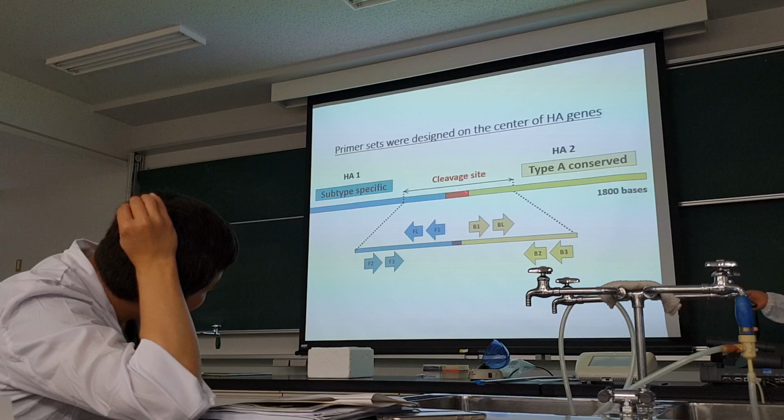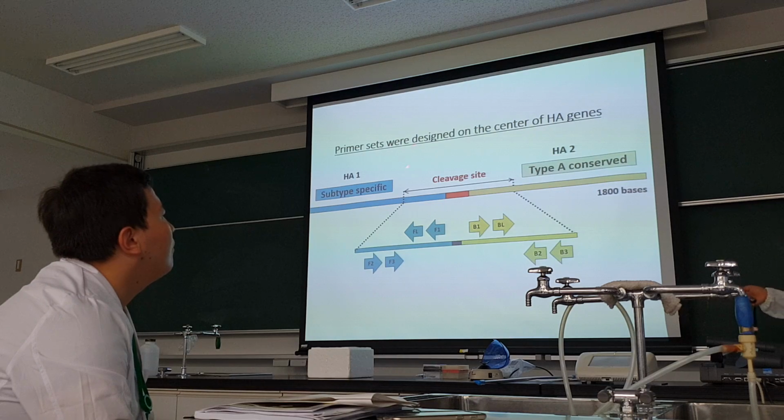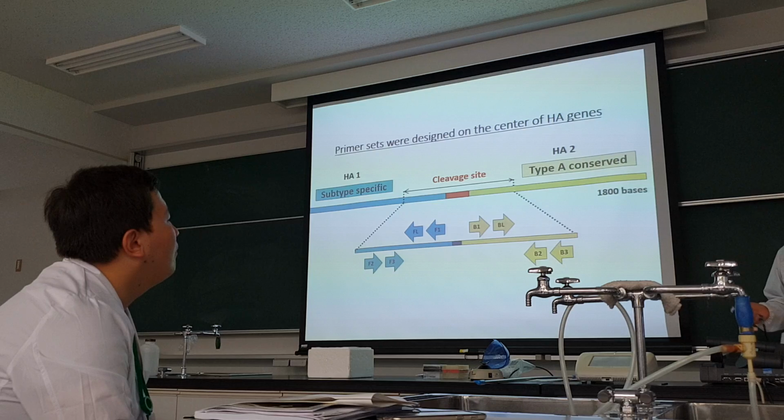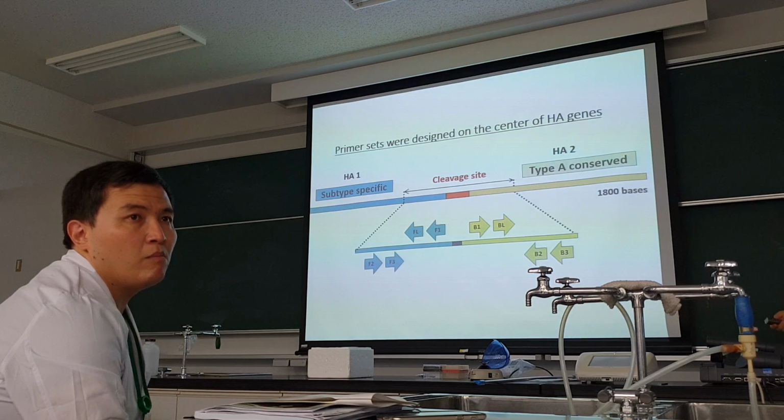The position where we designed the primers is here. This is the entire HA gene. The first half is HA1, the second half is HA2. This is the HA subtype specific region.